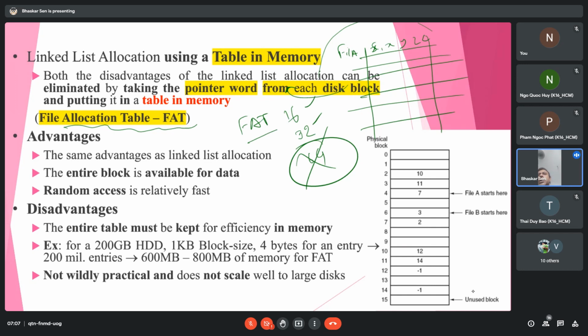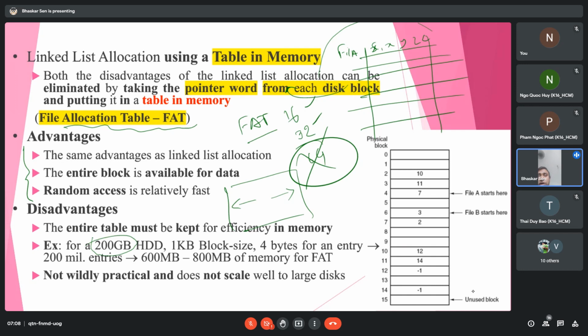Extremely popular. And it was working well until the hard disk size started expanding. When it started expanding, remember that it is much easier to expand the hard disk size. And that's exactly what started happening around that time when the FAT went obsolete.